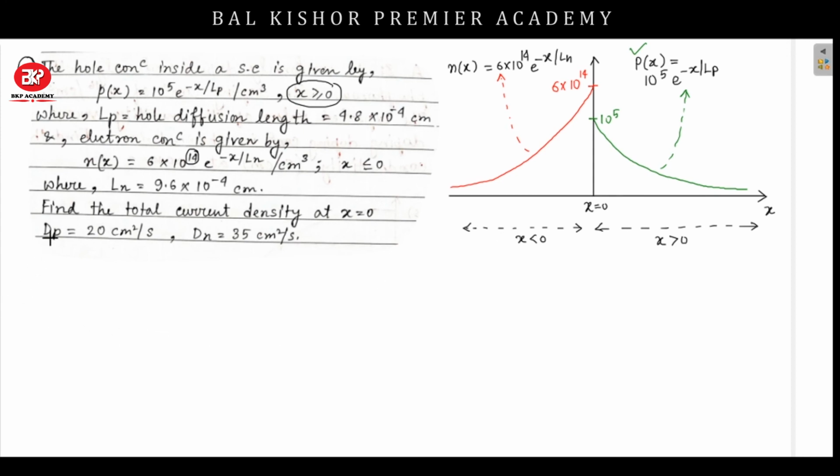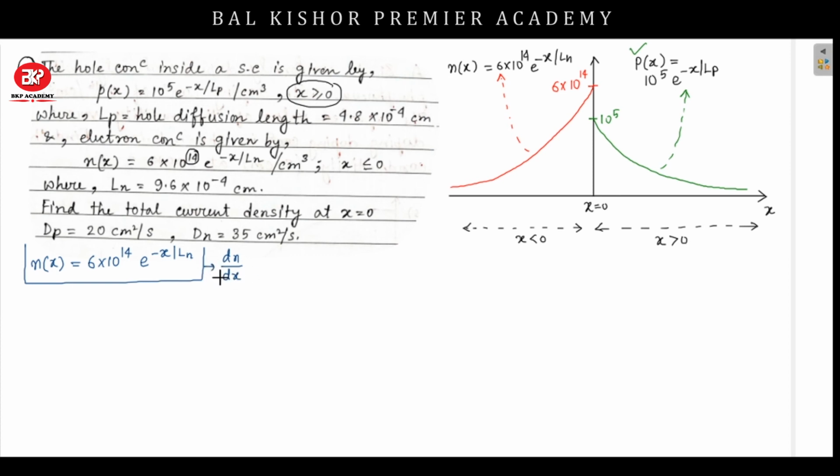The n of x value is given by 6 into 10 to the power 14 into e to the power minus x by Ln.